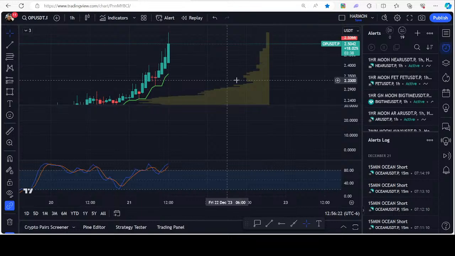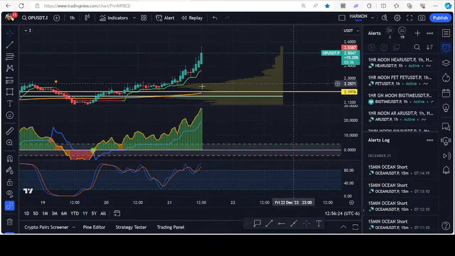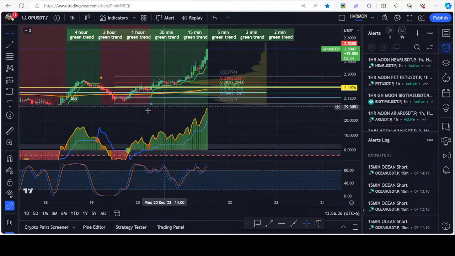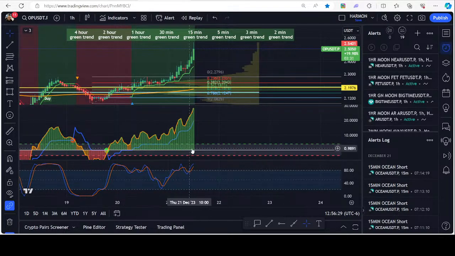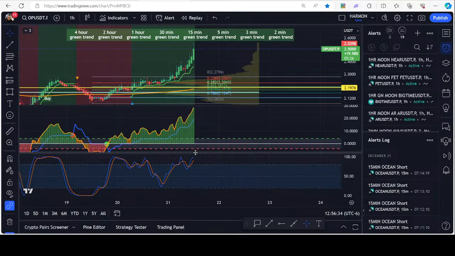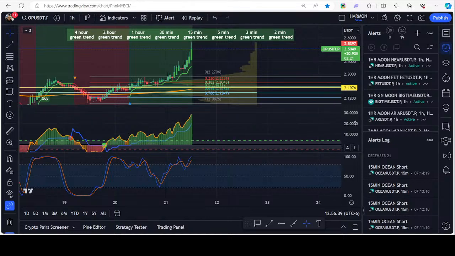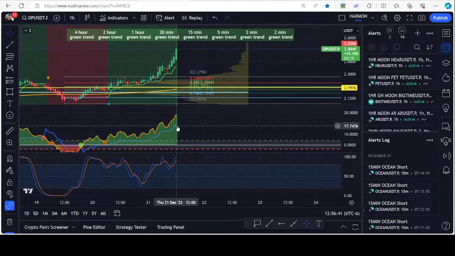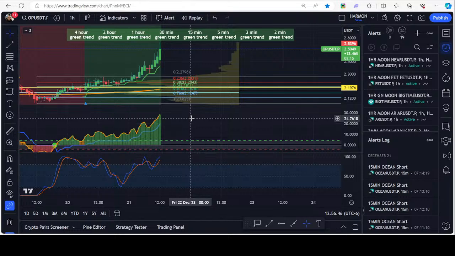Where's the 1 hour? The 1 hour just came down and just crossed upward. And 15 minutes it doesn't. Yeah, it stays up on top.